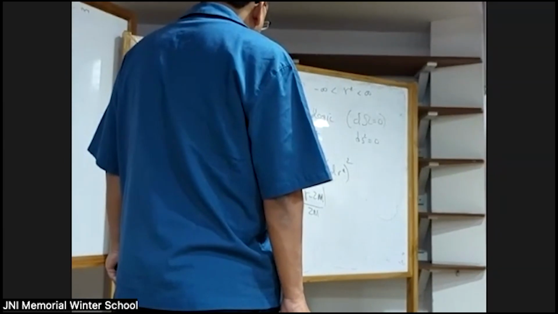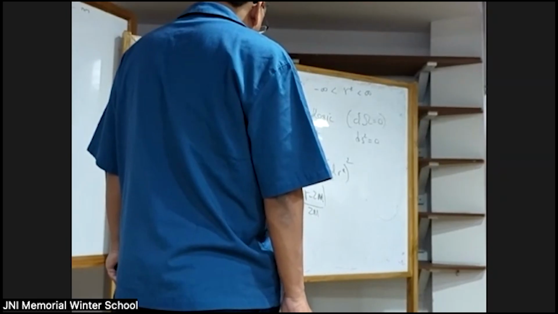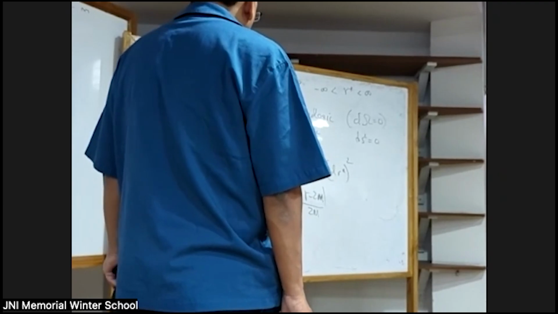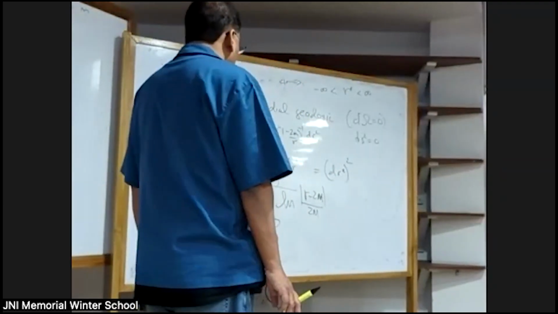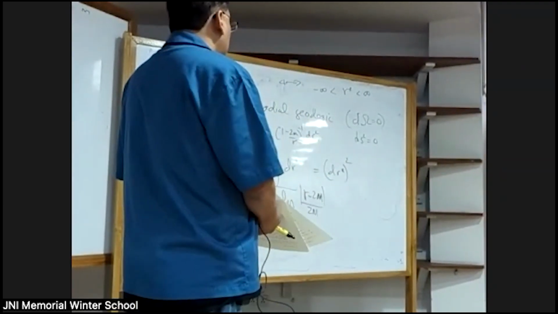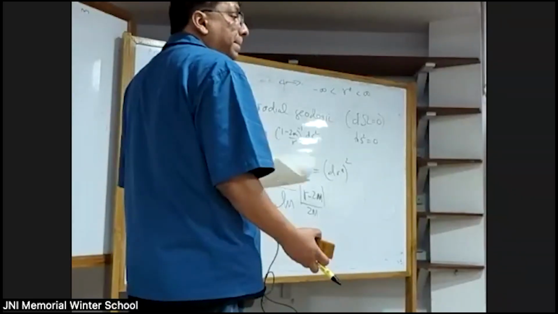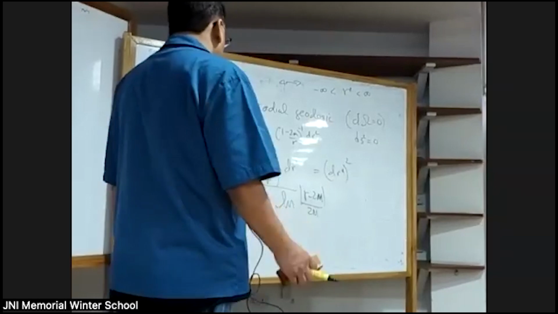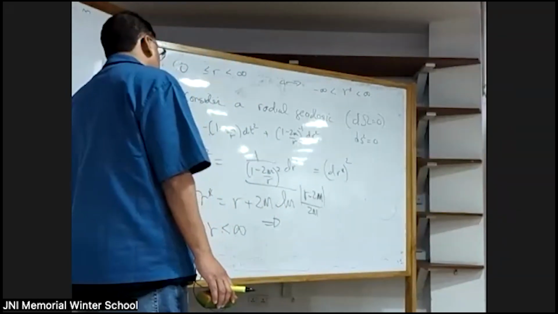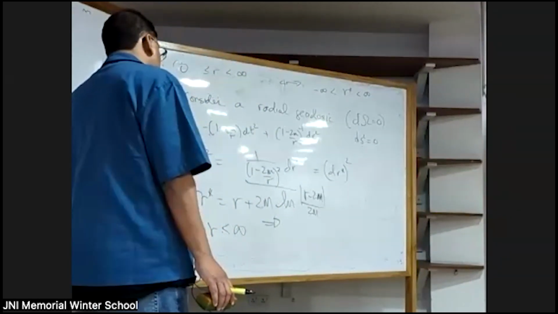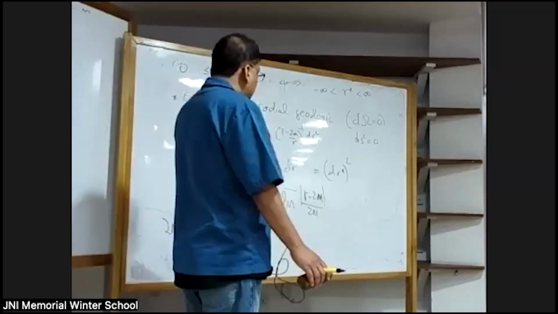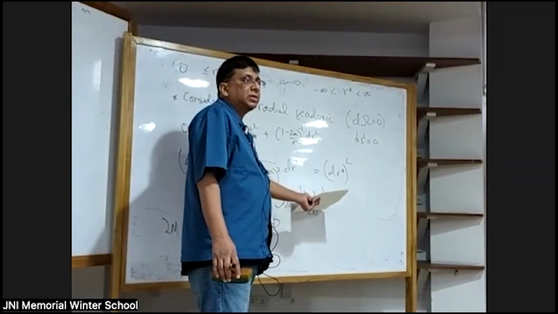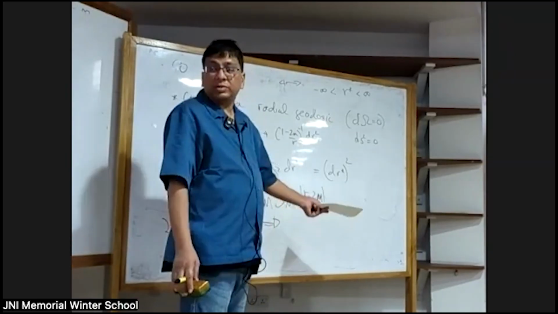So if r is less than 2m, it'll be like the same coordinates.